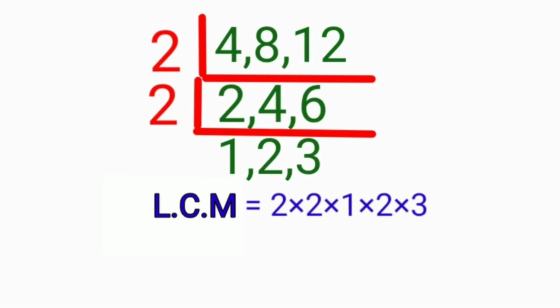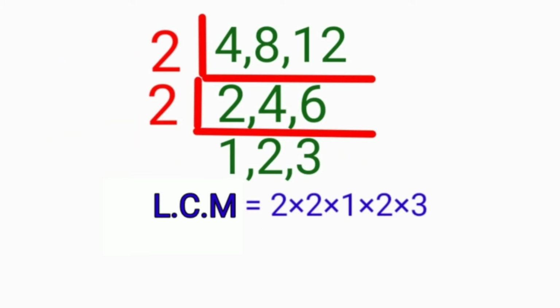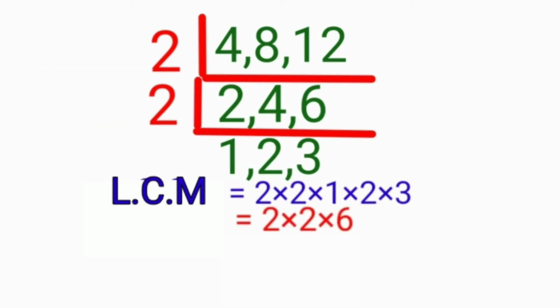Now we multiply all these numbers. LCM is equal to 2 into 2 into 1 into 2 into 3. We write 2 as it is and multiply 2 into 1. 2 1 is 2. Multiply 2 into 3. 2 3's are 6. We write 2 as it is and multiply 2 into 6. 2 6's are 12.